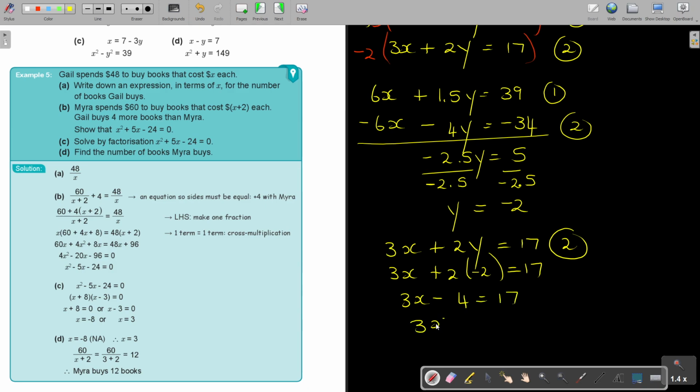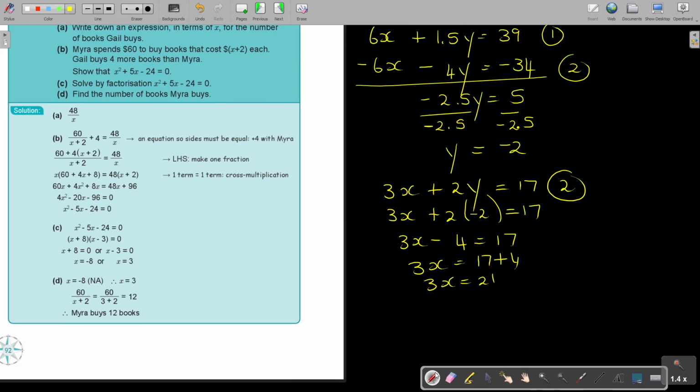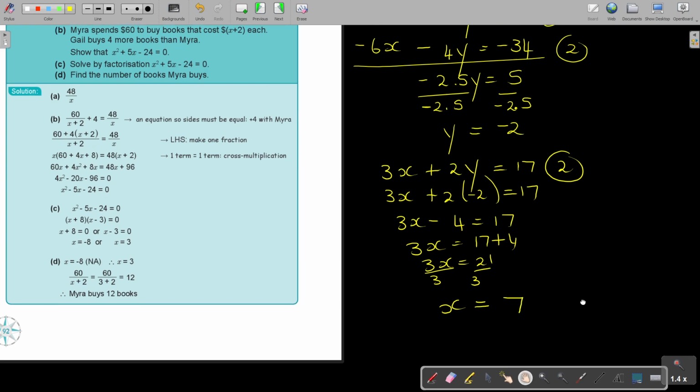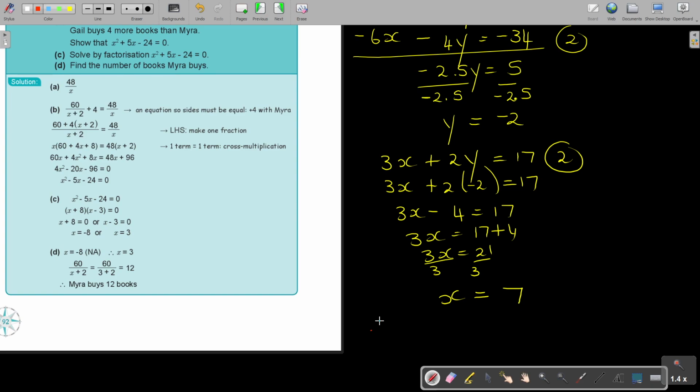If I take it over, then it's 17 plus 4. So 3x equals 21. Then I divide by 3, and I get that the value of x is 7. So again, when x is 7 and y is equal to negative 2. Now, as I said, most of the times you can do elimination.